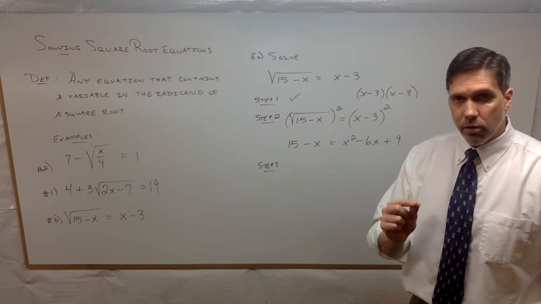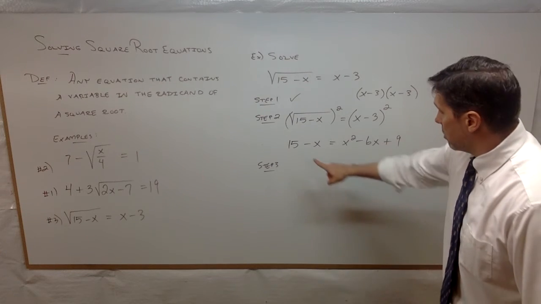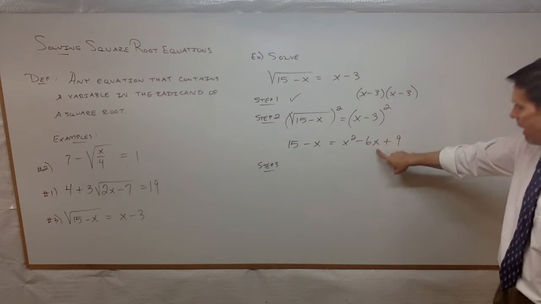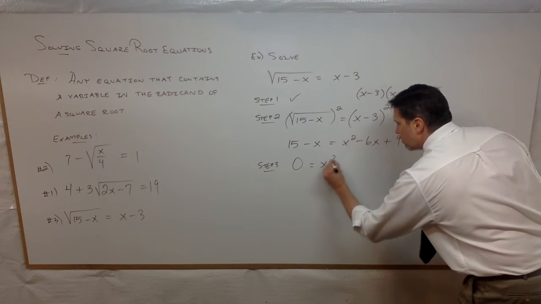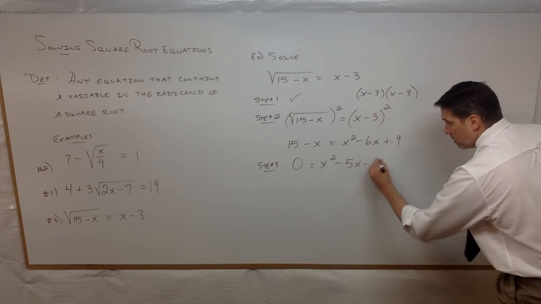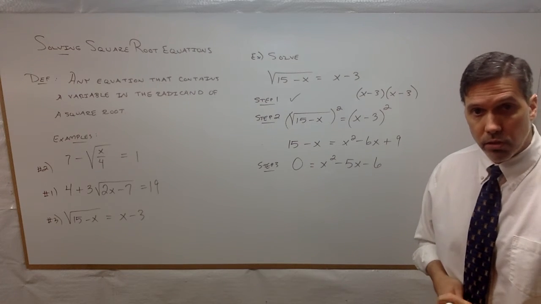If I use either one of those methods, both methods require me to get this thing set equal to 0. So I'm going to simply move the 15 over here by subtracting it and add x to that linear term. So it's a little bit backwards, but it still works. So that would be minus 5x minus 6. Right. So now my quadratic equation is set equal to 0.